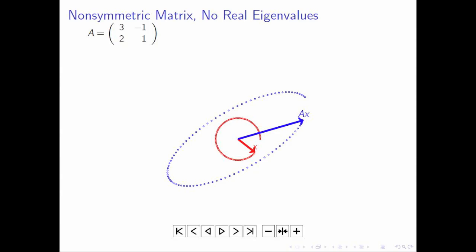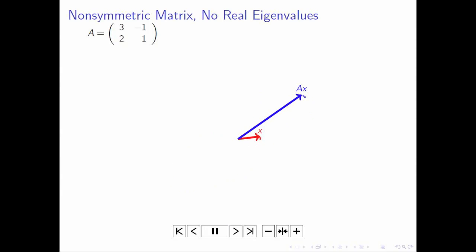So if we now have a vector with two complex values for its coefficients, we would have to be able to visualize this in 4 dimensions. And obviously we'd have a rough time doing that.